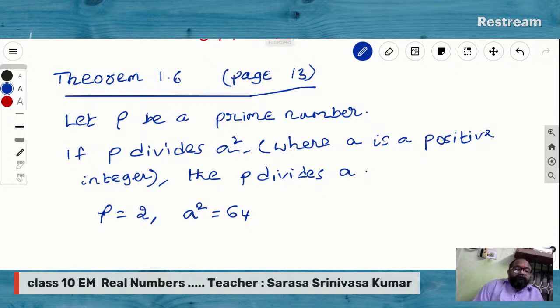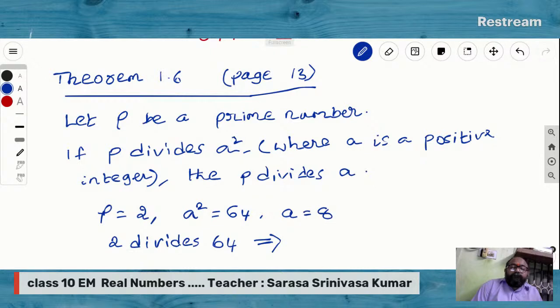Here 2 divides 64. That implies, if a square equal to 64, then what is a? A equal to 8. 2 divides 8. This is the meaning of the statement of theorem 1.6.